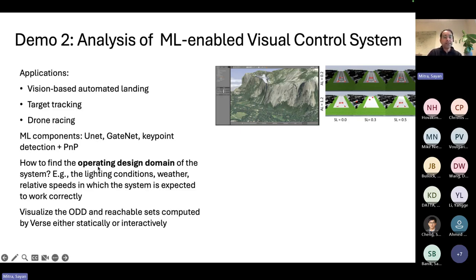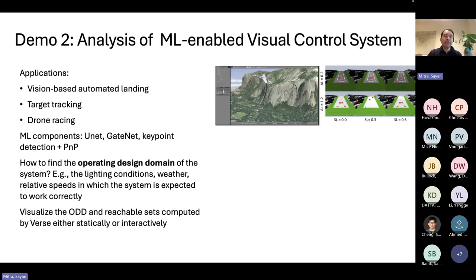This is a term that is used, I think, predominantly in autonomous driving, but it's also relevant for airplanes. It basically defines the range of environmental conditions like lighting, weather, relative speeds, etc., in which the system is expected to work correctly. Okay.